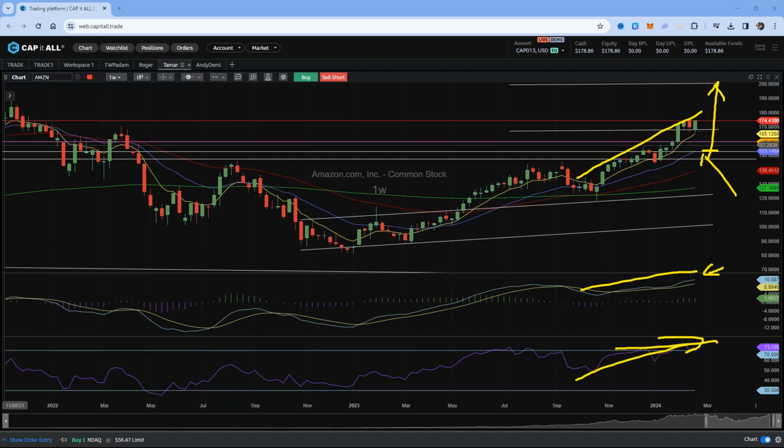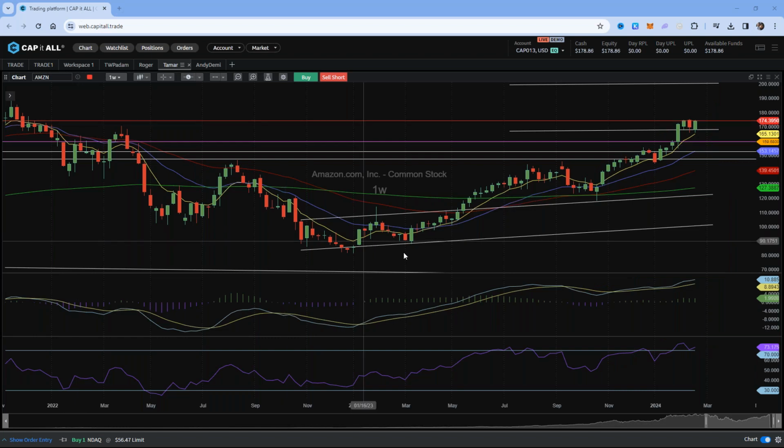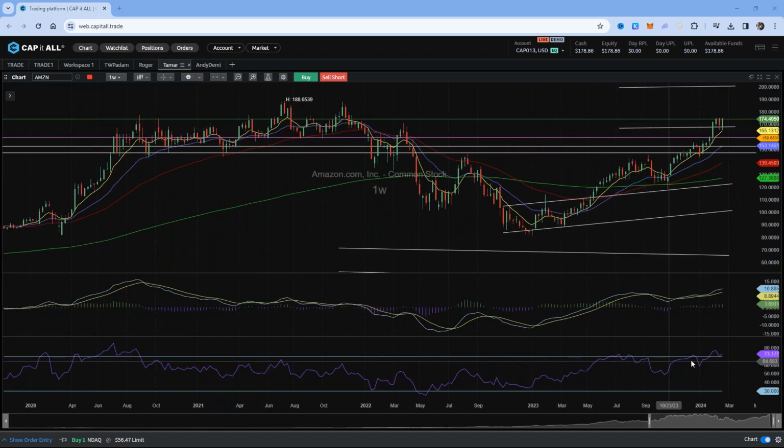However, just bear in mind, we are in the overbought area. Now, if we have a look in the past, we were overbought here, didn't really pull back, and it went a bit higher, but eventually it did pull back. Okay, and it actually created some divergence.